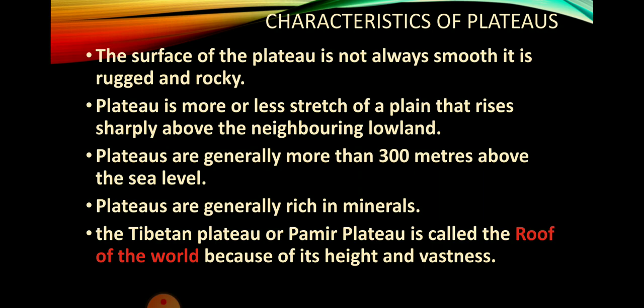Plateaus are generally at least 300 meters above the sea level. Next, plateaus are generally rich in minerals. Very important: the Tibetan plateau or Pamir plateau is called the roof of the world because of its height and its vastness.